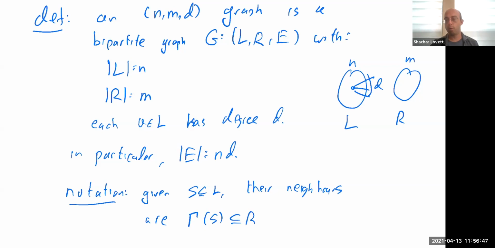So given a set of nodes on the left, S, gamma of S is going to be all the neighbors, which, because it's bipartite, are going to be on the right-hand side. Okay. So far I haven't defined expansion, just bipartite graphs which are left regular. Any questions so far?